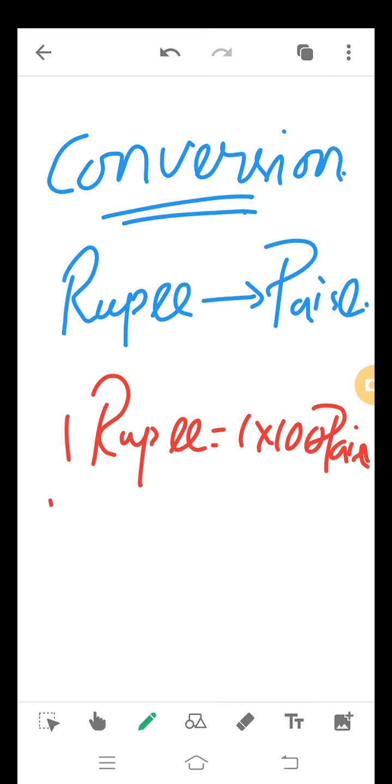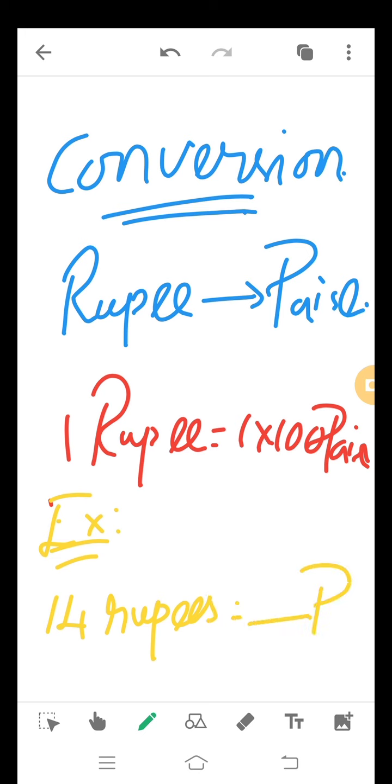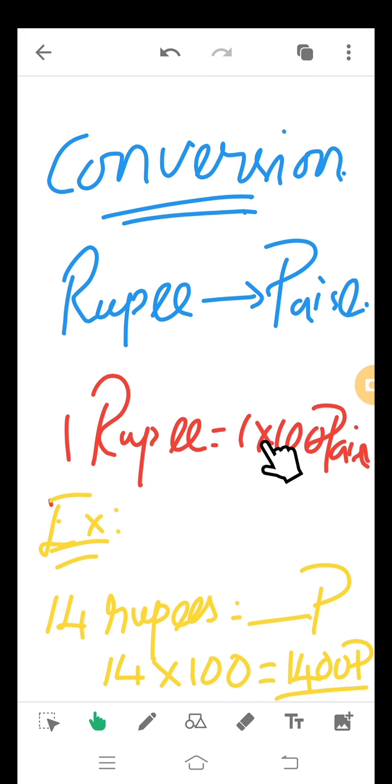Now we are going to use this for example sums. For example, 14 rupees equals how many paise? How will you find that? 14 into 100 paise equals 1400 paise. Is it clear? So students, remember one thing. 1 rupee means 1 into 100 paise. 14 rupees means 14 into 100 paise.